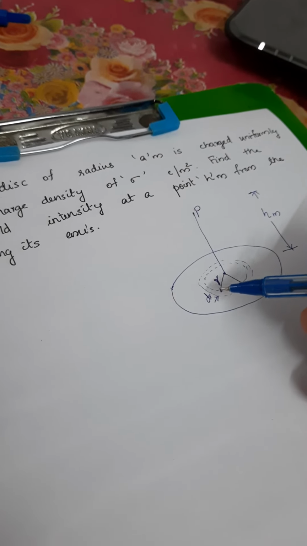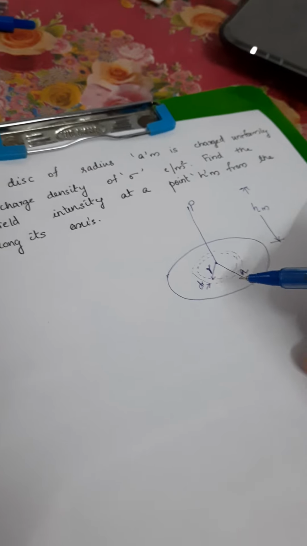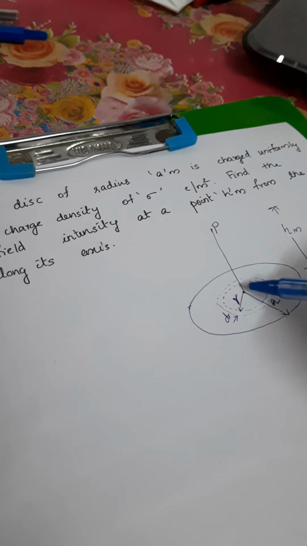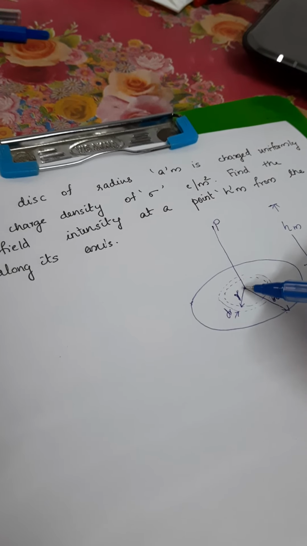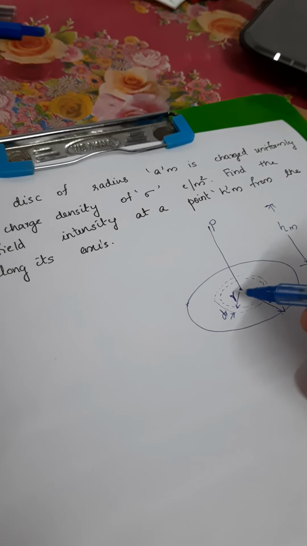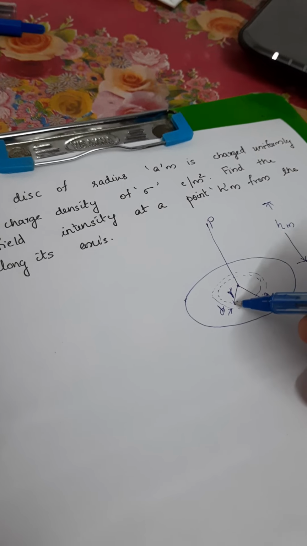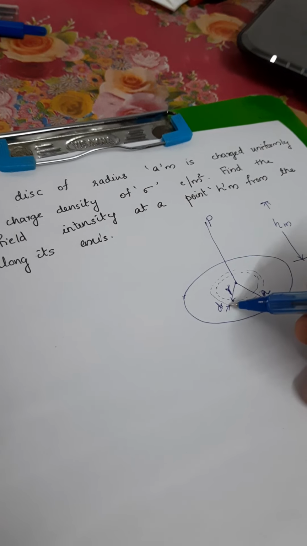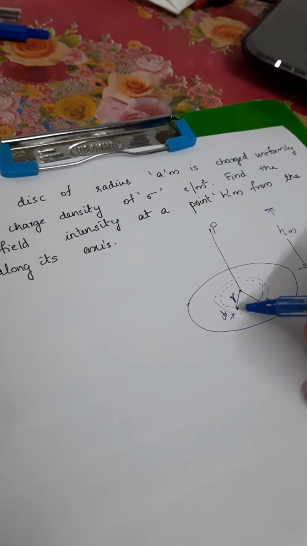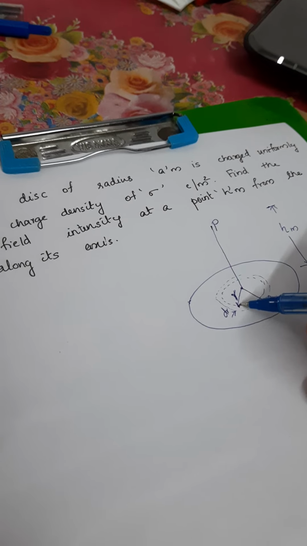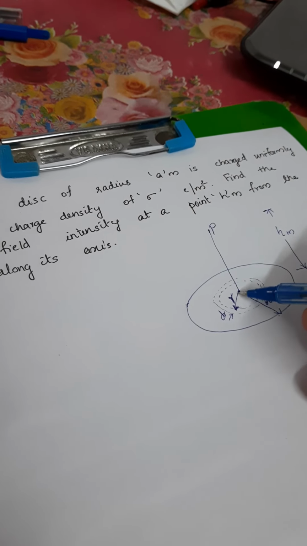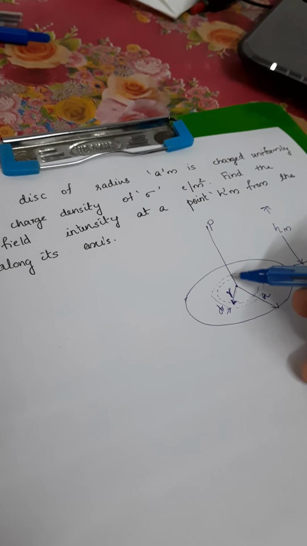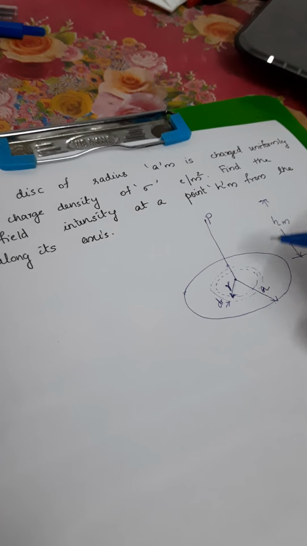So here we are considering a small ring having radius r. When we consider this small ring, the electric field intensity has two components. One horizontal component, due to this radius of annular ring and this small thickness dr, will be in this direction, and there should be a vertical component also, in this vertical axis.